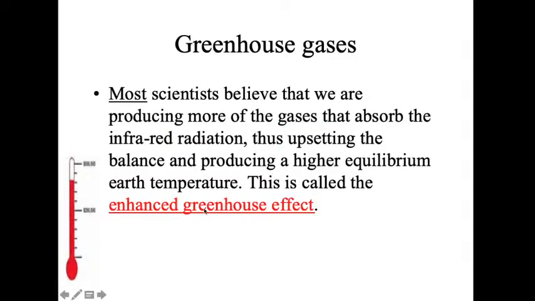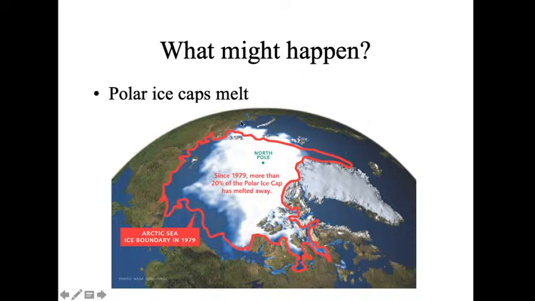So with this enhanced greenhouse effect, we're kind of starting this domino effect, beginning with the melting of polar ice caps. So this has to do with the albedo of the Earth. Remember that ice is what reflects a lot of those incident solar rays.